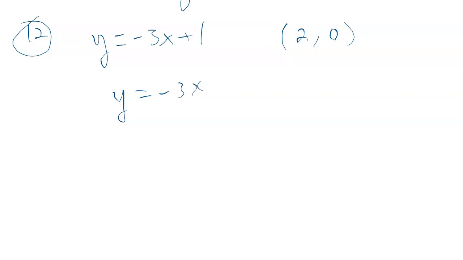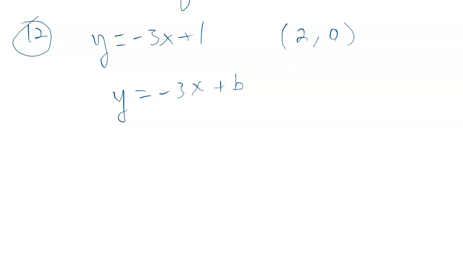Parallel line and x-intercept of 2. So we got y is equal to -3x plus 1, and we have an x-intercept of 2. That means it passes through the x-axis at 2, so we have the point 2, 0. We know our line that we're looking for is parallel, so it has this -3x plus b.